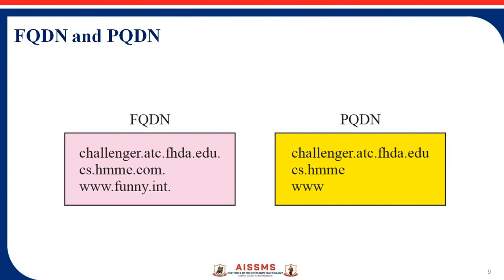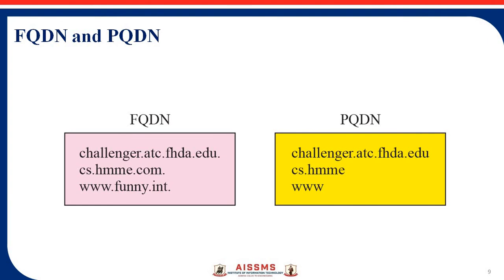The DNS client adds the suffix atc.fhda.edu before passing the address to the DNS server. That means we can add the challenger suffix here.